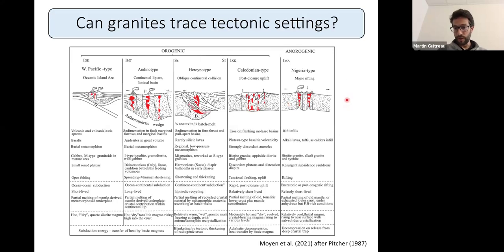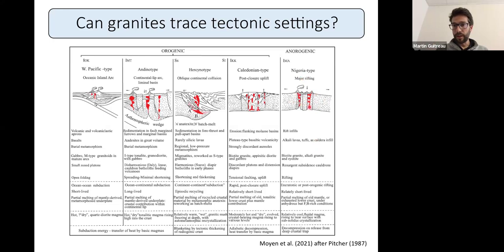So here's a compilation made by Jean-François Moyen after work by Pitcher published in 1987. Depending on the environment in which these granitoids formed, they will have specific compositions.